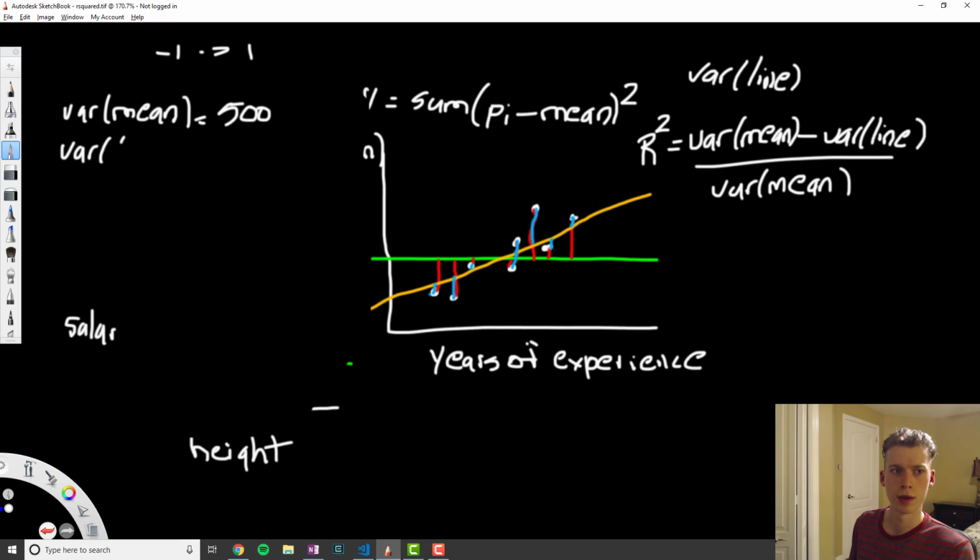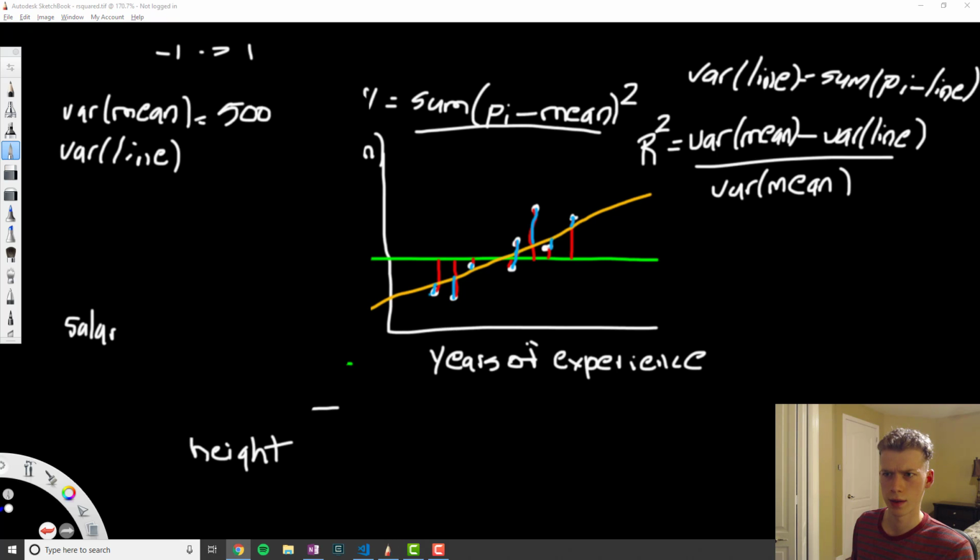Let's say we determine the variance using this formula. For the variance of the line, it would be the exact same thing, but instead of using the mean, we use the line at that point, and we take the square. Let's say we calculate it to be 20.